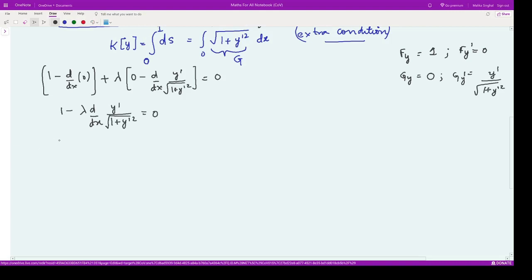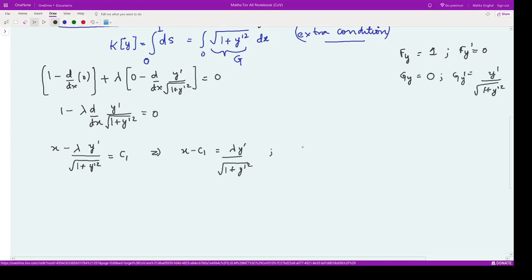Let us integrate both sides so that we obtain x minus lambda times, this derivative cancels with integration, we are left with y' divided by square root of 1 plus y'^2 is equivalent to some constant, say c1, right? So let us rewrite it, and we get x minus c1 is equal to lambda y' divided by square root of 1 plus y'^2.